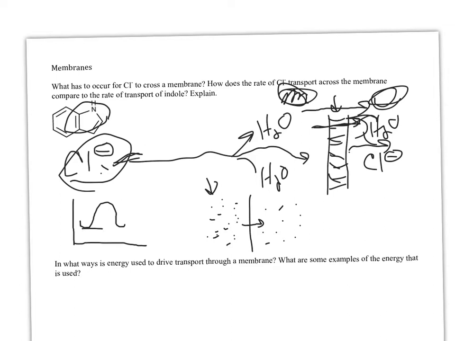let's say this is inside the membrane and this is outside the membrane. This energy of activation is what the major barrier is. If I have a gradient so that I'm going from the inside to the outside, so this is in, out.